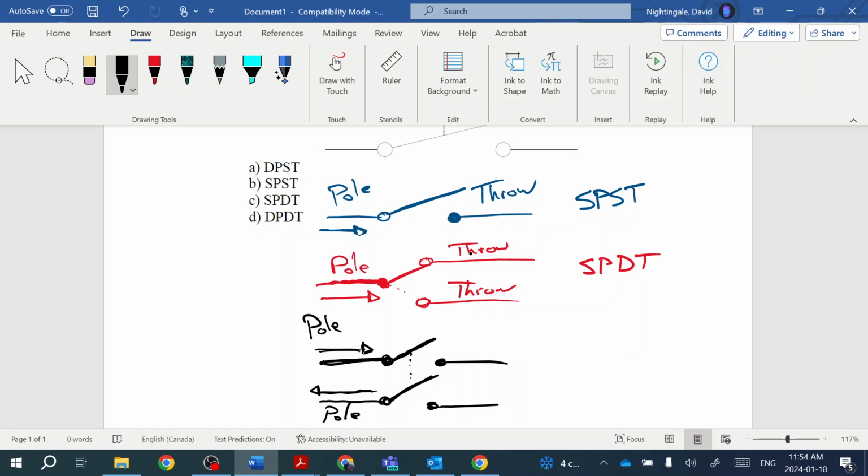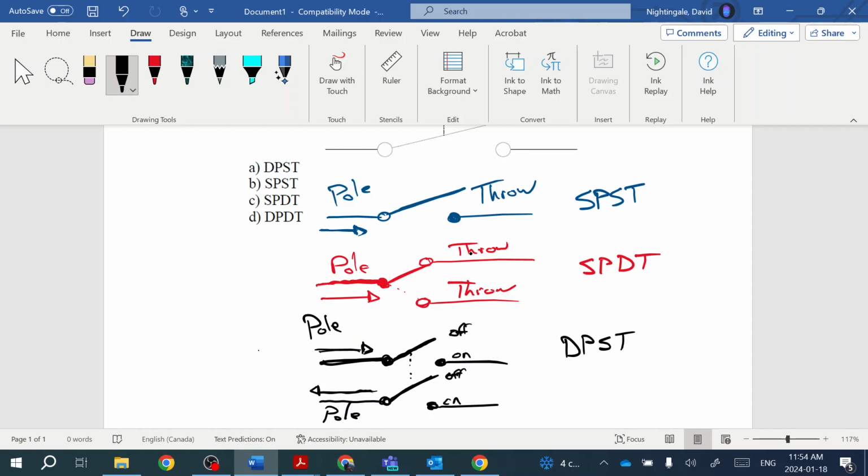So really, there's only one position for that actuator to be in. Either it's off, which isn't really a position, or it's on. Off or on, but they're controlled together. And so we call that double pole, single throw switch.